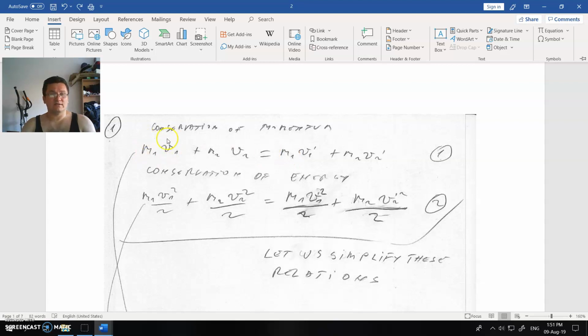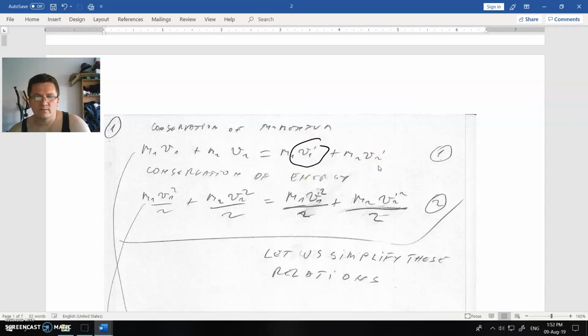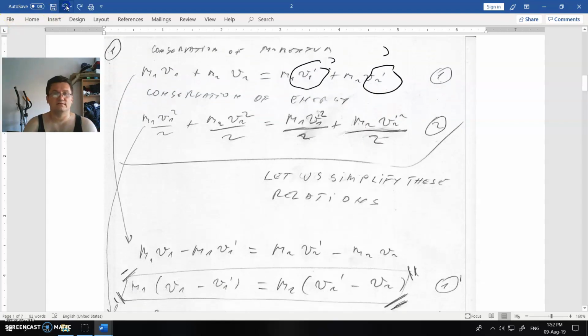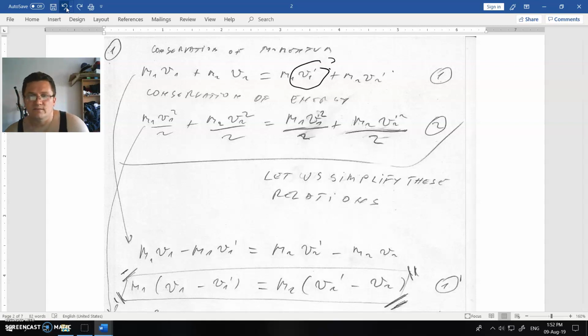We know this and this, and we don't know this one and this one. So this one is unknown to us at this time, and this one here is unknown at this time. And this V2 is also unknown. So we have one equation and two unknown magnitudes.